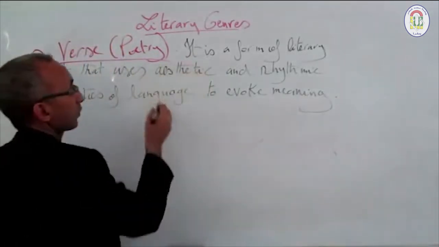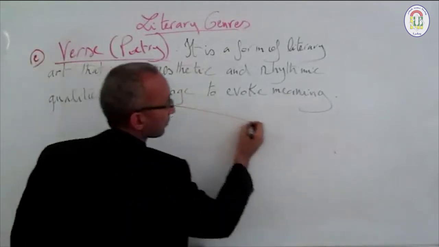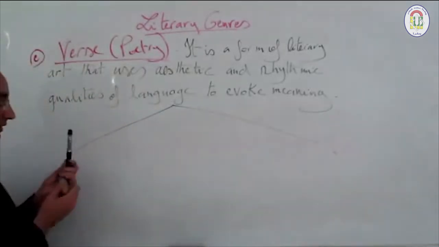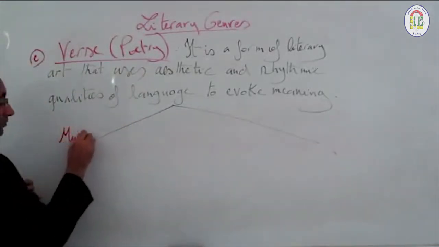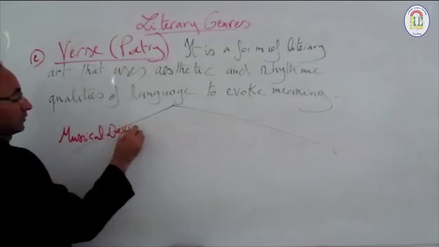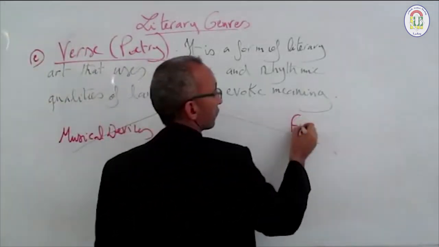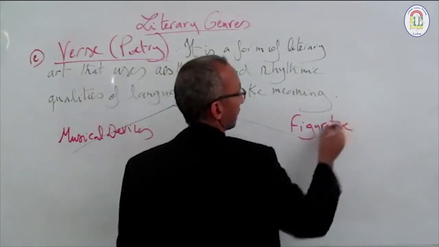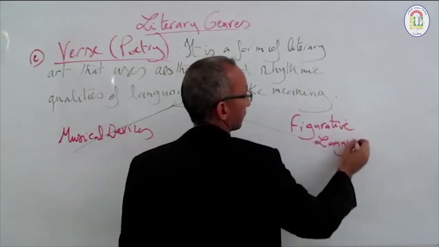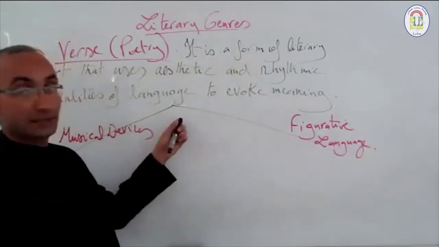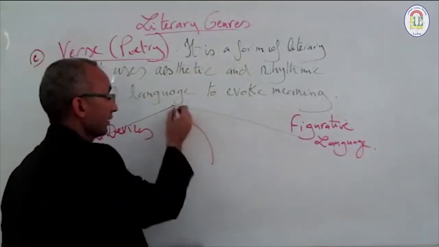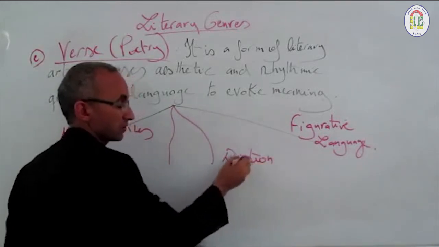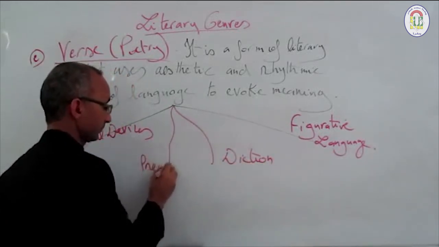We said that poetry depends on two major elements, which are musical devices as well as figurative language or figures of speech. Language is also based on two major elements here: diction, the careful selection of words, and precision.